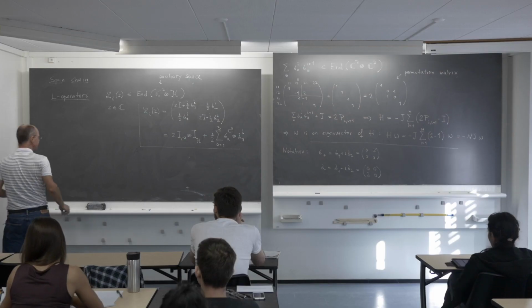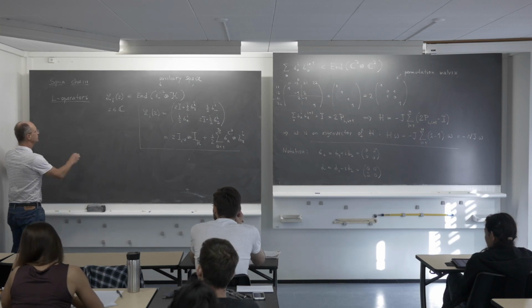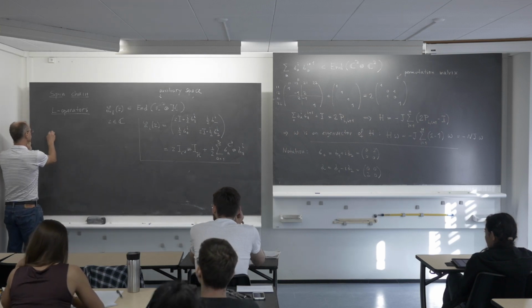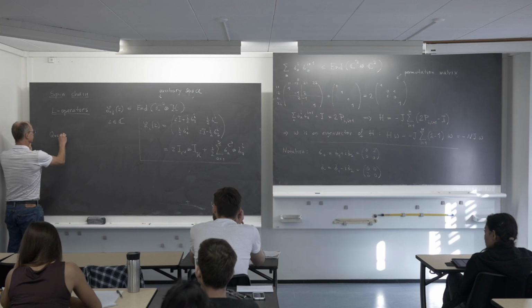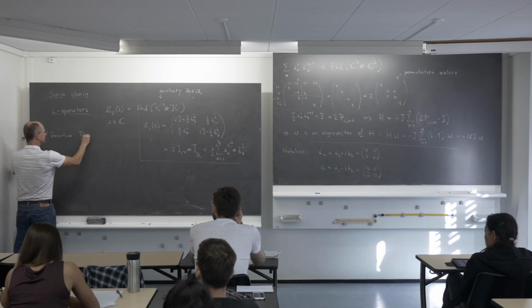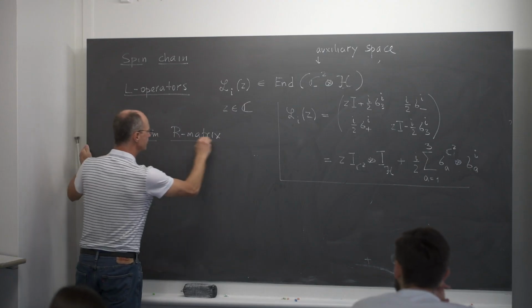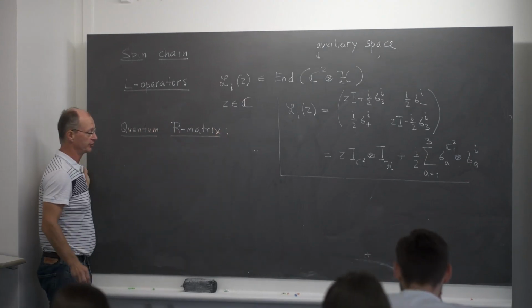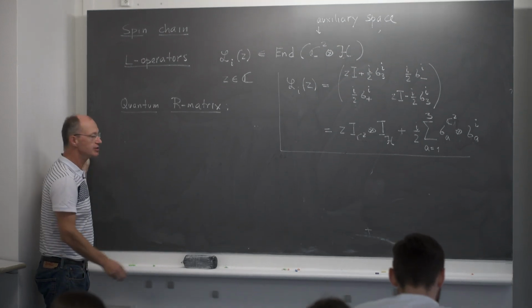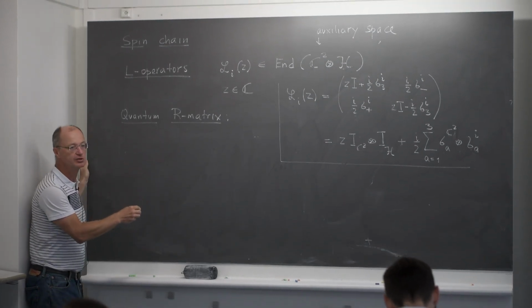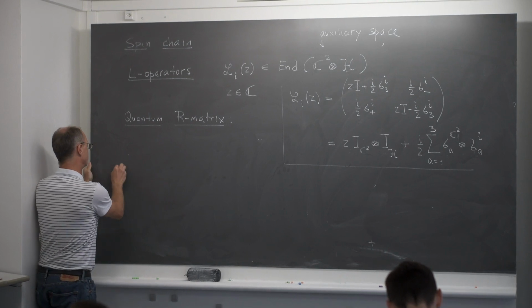So let me introduce one more notion. It goes under the name of a quantum R matrix, but actually this is just a 4x4 matrix which depends on a complex parameter.